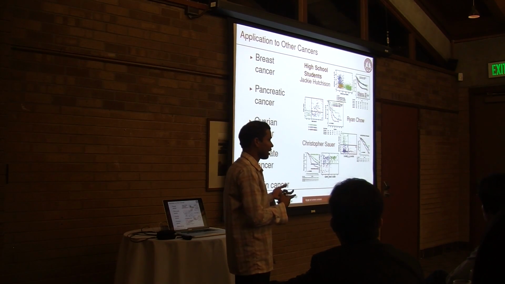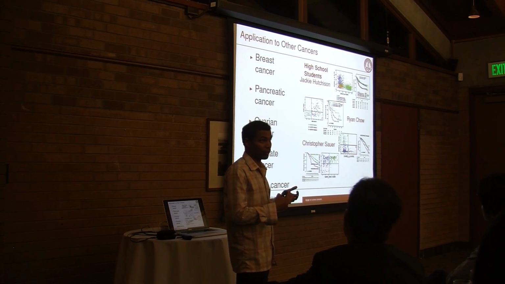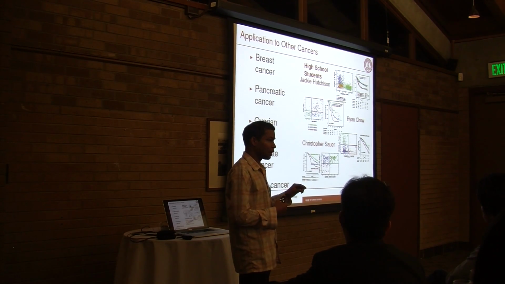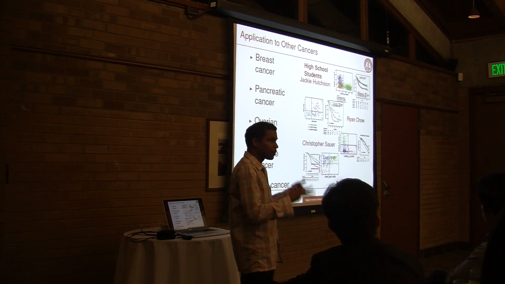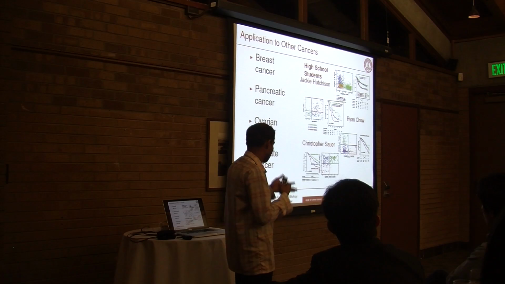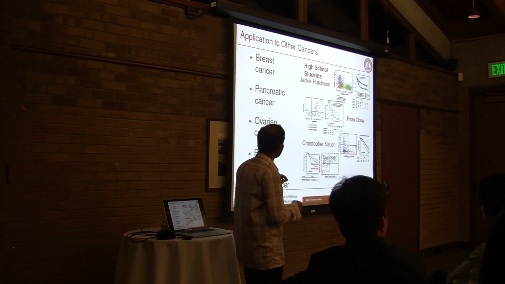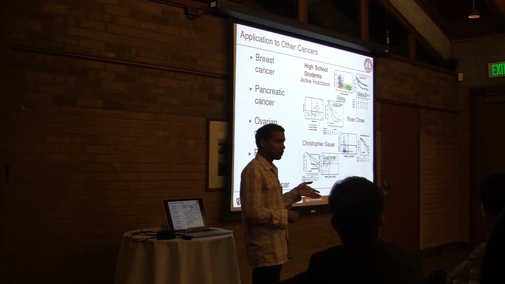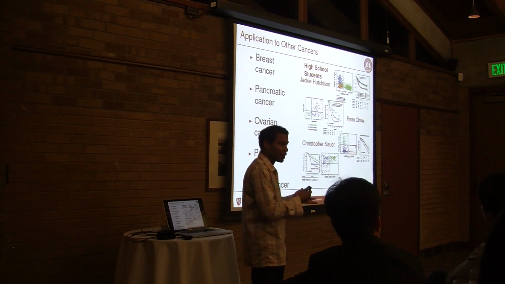So you're limited by the availability of a really good antibody. An antibody people make takes a long time, and if you put in effort, you can make it. It's not impossible. But if you don't have a good antibody, then it's useless, so you cannot use the staining-based approach.